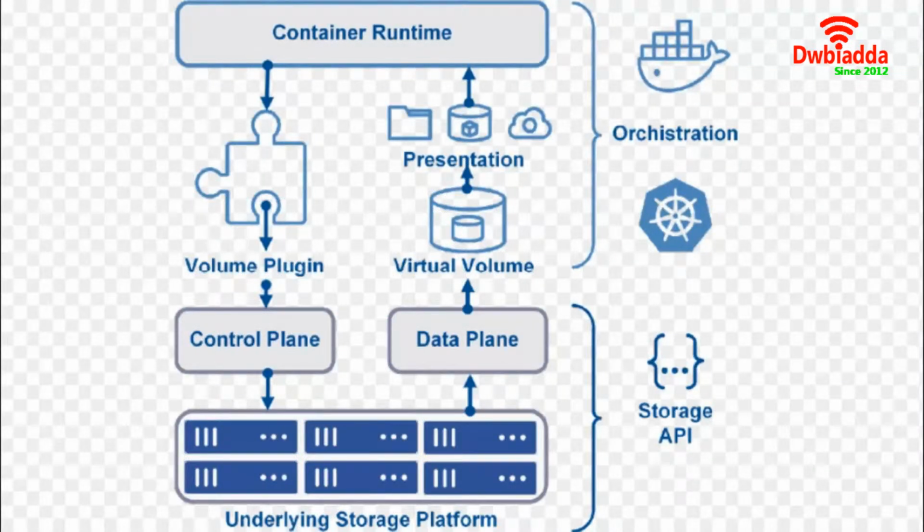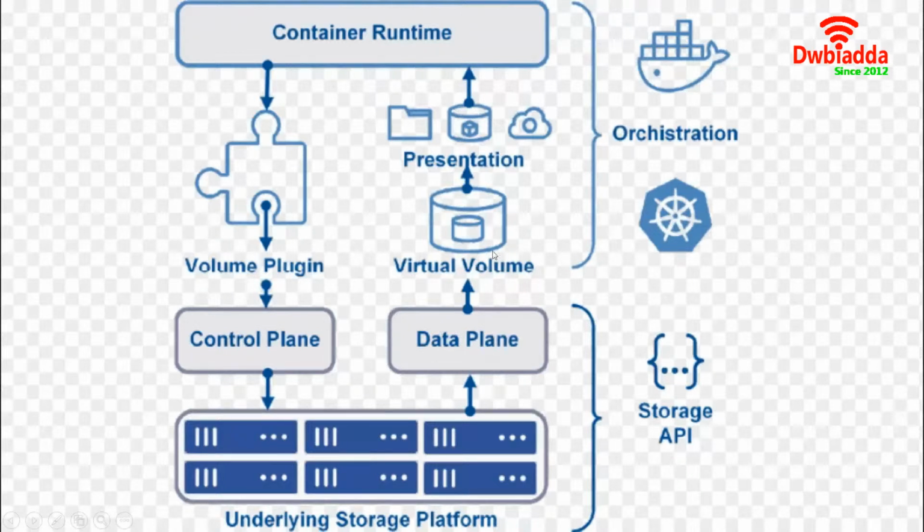Here we have another infrastructure of volumes in a bit more complex way, so we will try to understand it. Here we have an underlying storage platform. This is the storage platform where our data is being stored. Now here we have a control plane and a data plane.